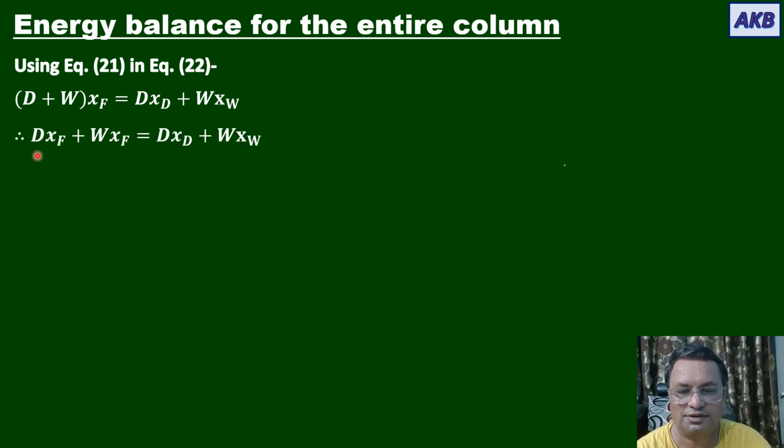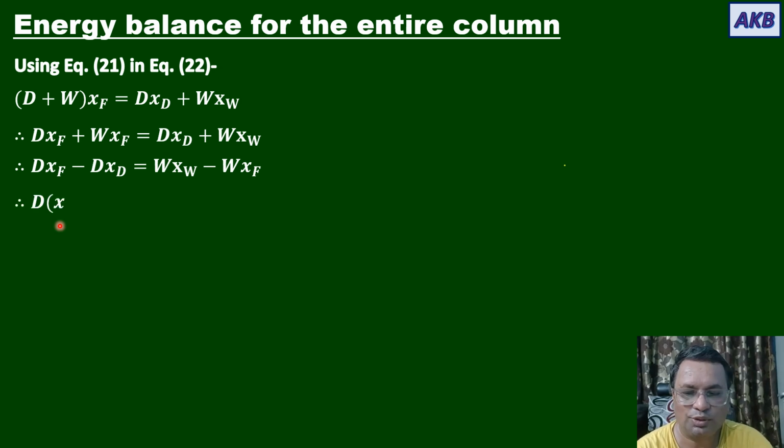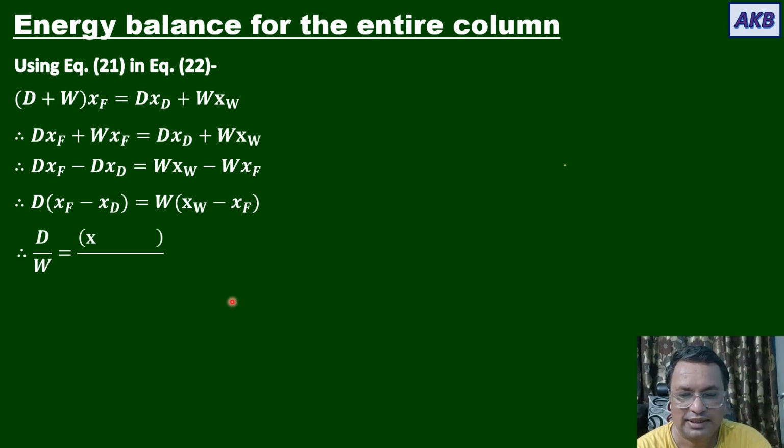If you simplify it, we get D into XF plus W into XF is equal to D into XD plus W into XW. All D terms on one side: D into XF minus D into XD is equal to W into XW minus W into XF. D common on the left-hand side and W common on the right-hand side: D into (XF minus XD) is equal to W into (XW minus XF). That is D upon W is (XW minus XF) divided by (XF minus XD). I'm calling it equation 24.